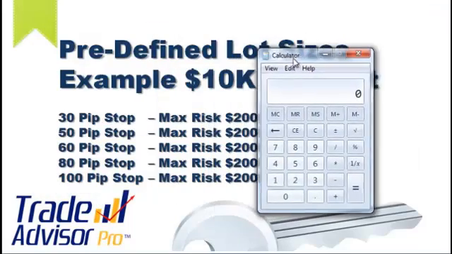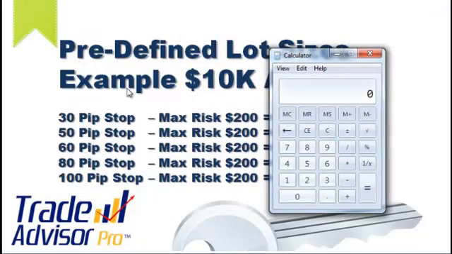Underneath this video there's a little worksheet for your predefined lot sizes. You can fill that in and cut it out and put it on your computer, in your wallet, whatever you're doing, if you trade on your phone or on your computer. That way you're following the same plan in advance. You already know exactly how many lots you can trade based on the stop loss.